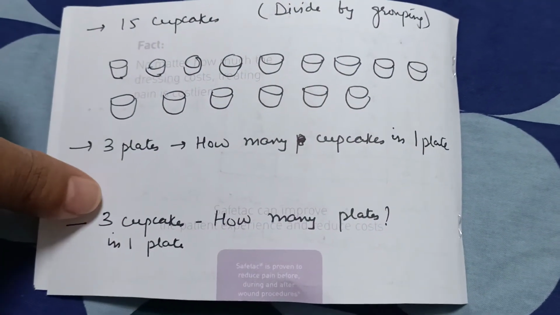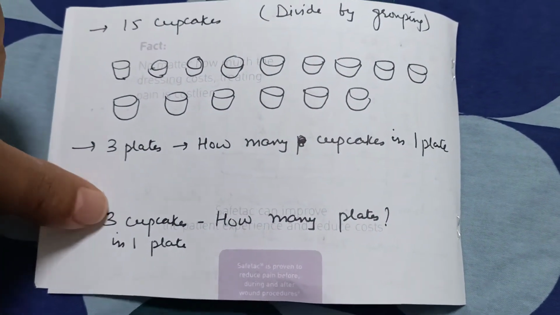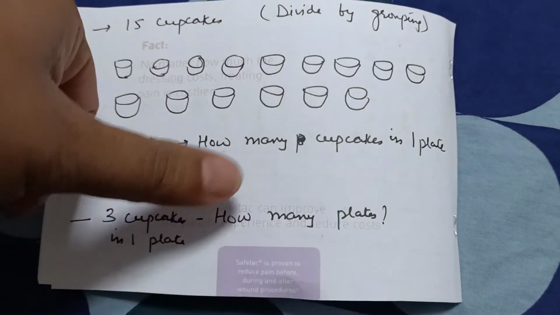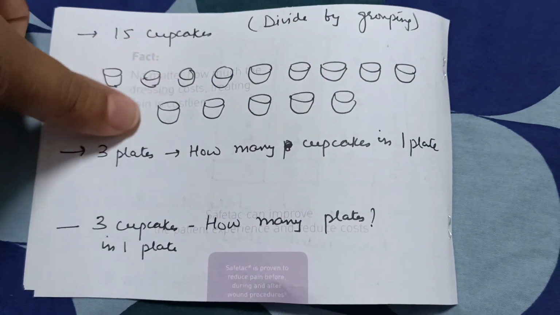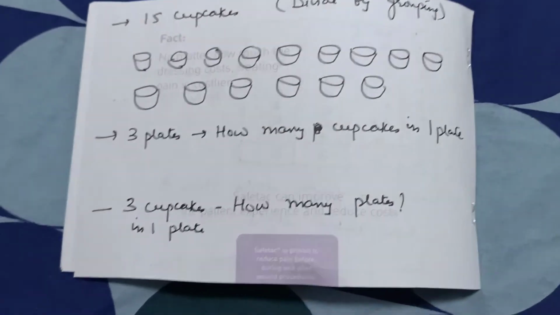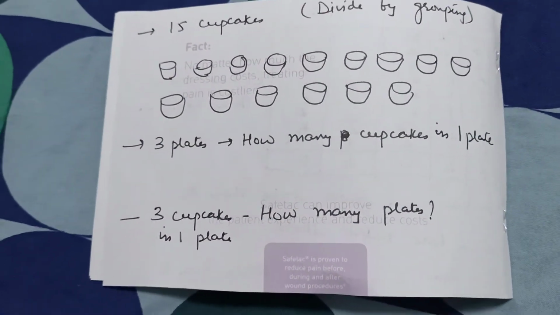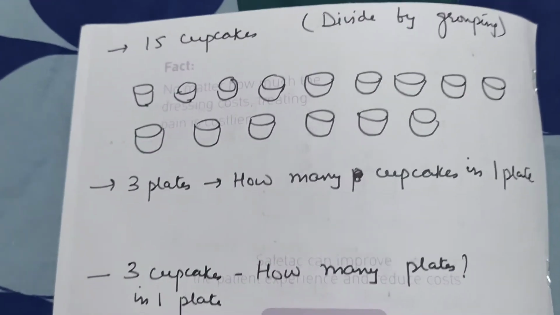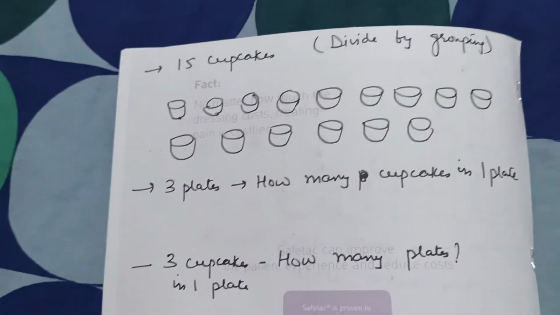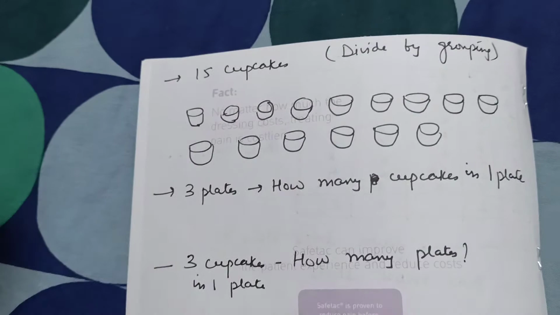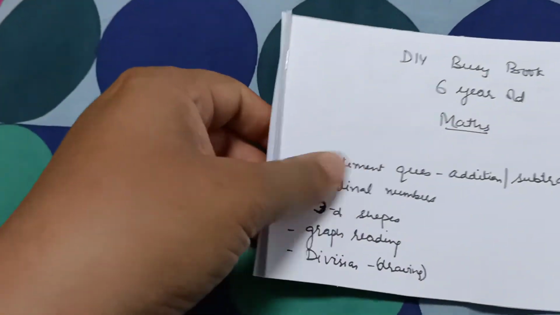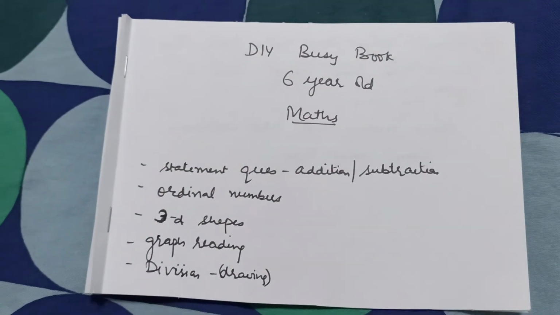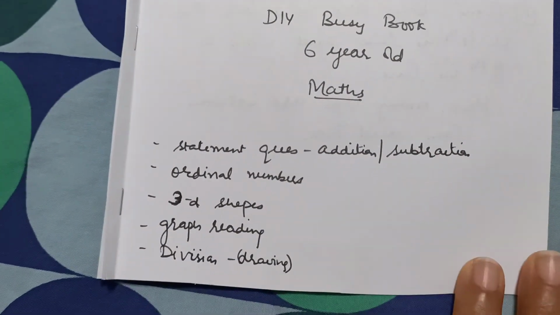If you have 3 cupcakes in one plate, how many plates? Then I'll ask her to make a group of 3, it means 5. So it means 3 into 5 is equal to 5 into 3. I'm just introducing the concept of division using grouping, and she's still early for it, but I think she can get the concept of grouping, and simple multiplication by skip counting she knows. So that is the intention.